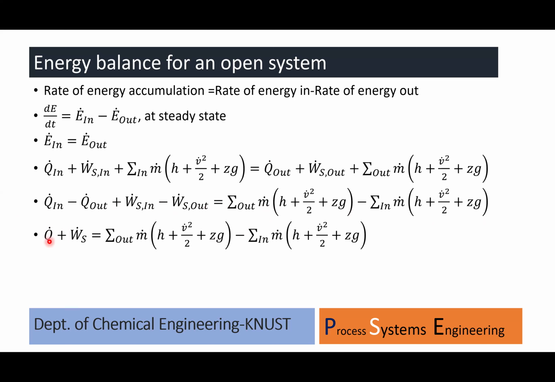So if I should simplify, what I'm going to get is my Q plus my Ws coming back in, right? And then I have the sum of all my, maybe I have more than one stream. So I have the sum of all the outlet streams with their enthalpy, their kinetic, and then their potential energy, minus the sum of all the inlet streams with their enthalpy, their kinetic, and then their potential energy.